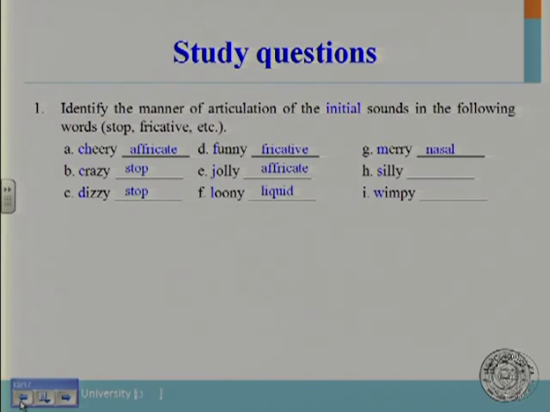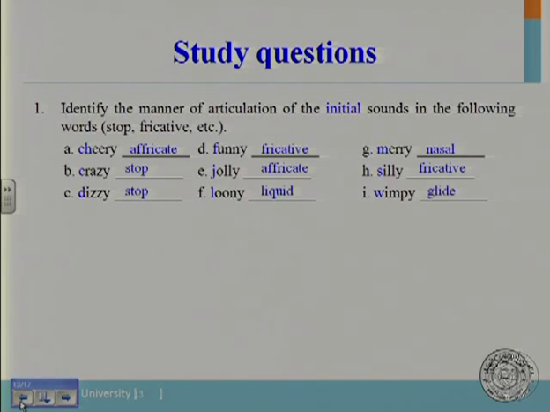And next is silly. S. It is a fricative sound. And the last one we have is wimpy, a glide. We have only w and y.